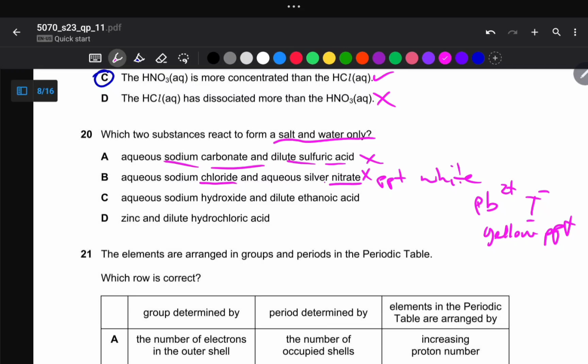And then option C says aqueous sodium hydroxide and dilute ethanoic acid, right? So this one is true. A neutralization reaction is a reaction between an acid and a base. And then option D says zinc and dilute hydrochloric acid. This one is a displacement reaction to give hydrogen gas and salt.